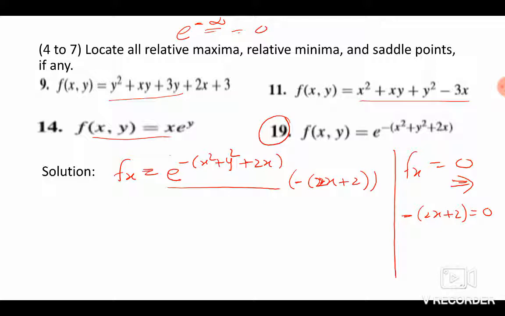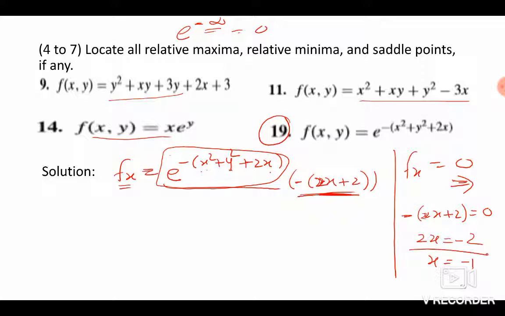No finite value of x and y makes e raised to minus (x square plus y square plus 2x) equal to 0. So if fx is to be 0, then only this term becomes 0. Therefore 2x is equal to minus 2, and x is minus 1 is the first value.